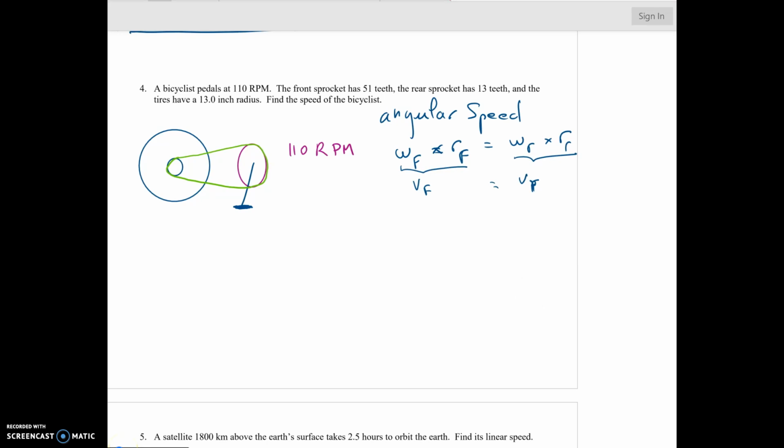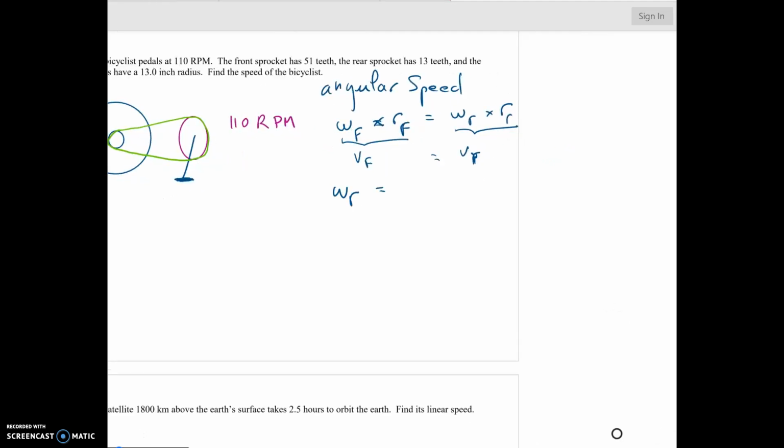So now I can easily express the angular speed of the rear sprocket. It's not socket, sprocket. I divide by R on both sides, so I get WF multiplied by RF divided by the radius of the rear sprocket.